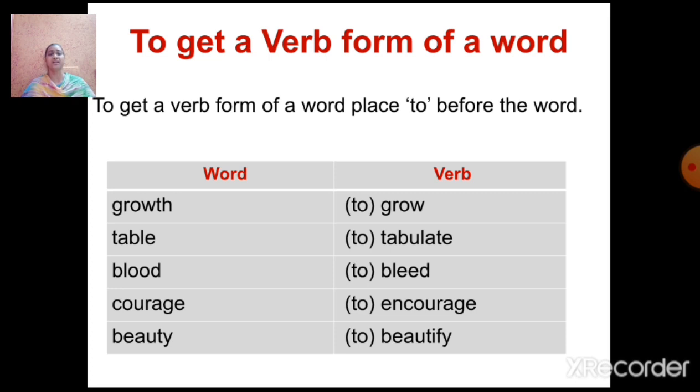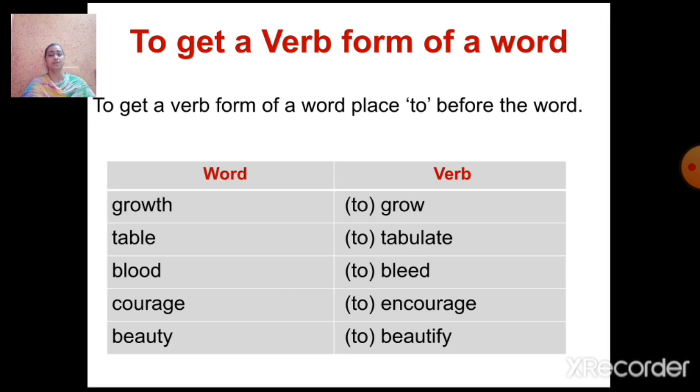Now, here the word given is growth. So, how can we get the verb form? Now, let's form a sentence and check. The word here is growth. Like, the growth of a plant is tremendous.